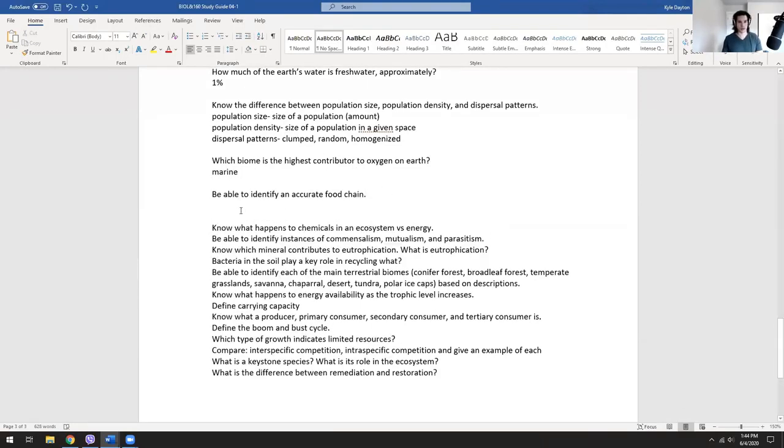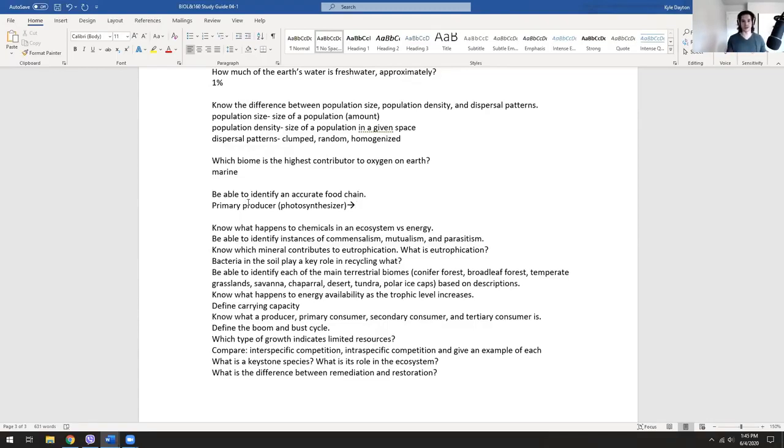Be able to identify an accurate food chain. Usually when we're drawing a food chain, we go from the first order, or the producer, so the primary producer. And I'll actually write it out so we can hit multiple birds. So we have primary producer, so it's going to be our photosynthesizer. They're what hold up the entire ecosystems of the world. What kind of primary producers live there?